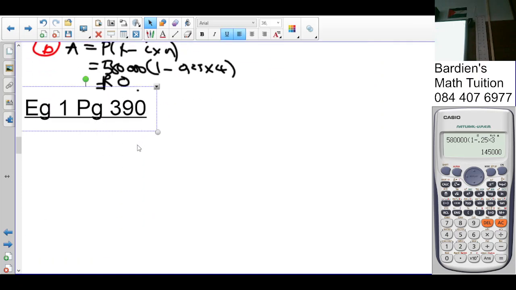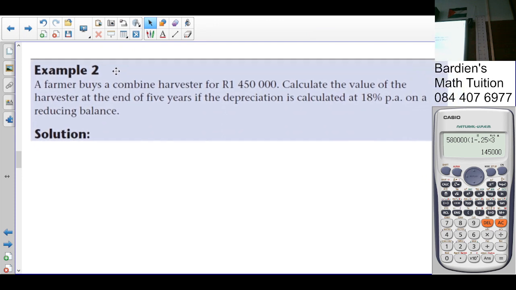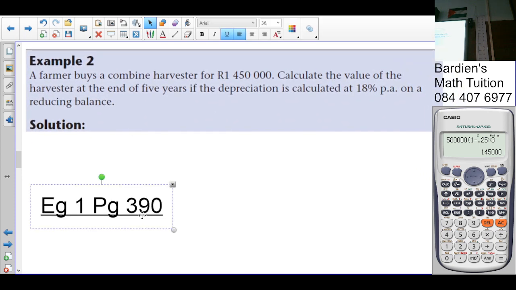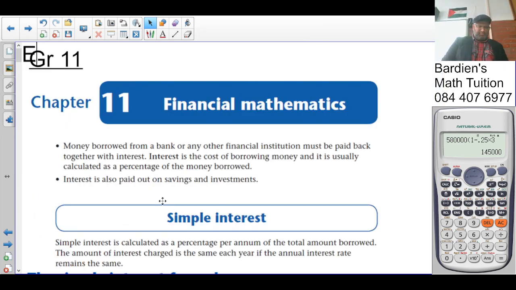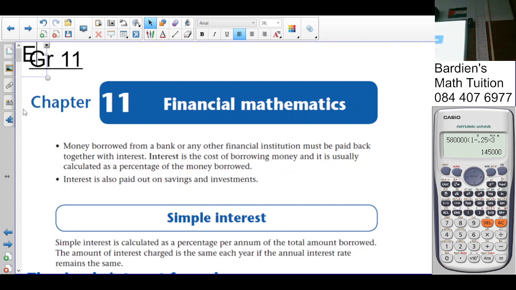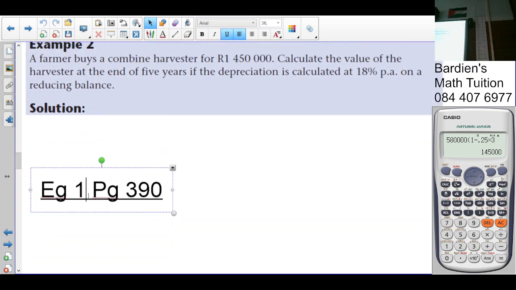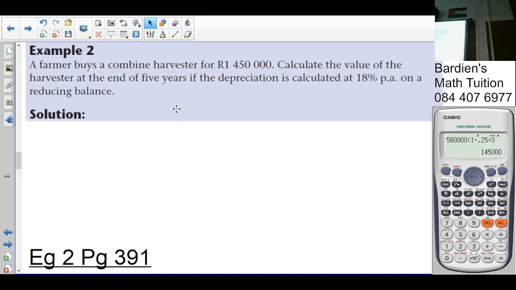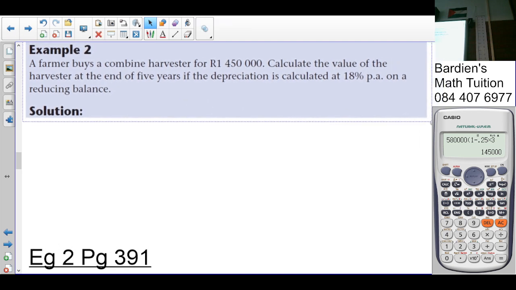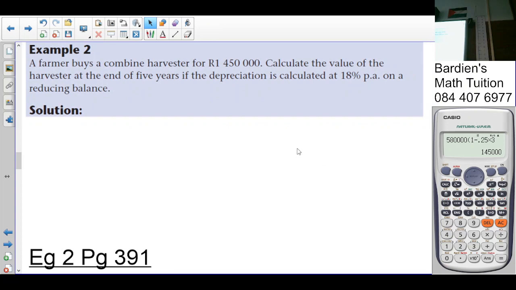Look at example 2 on page 391. Here we are told a farmer buys a combined harvester for 1,450,000.